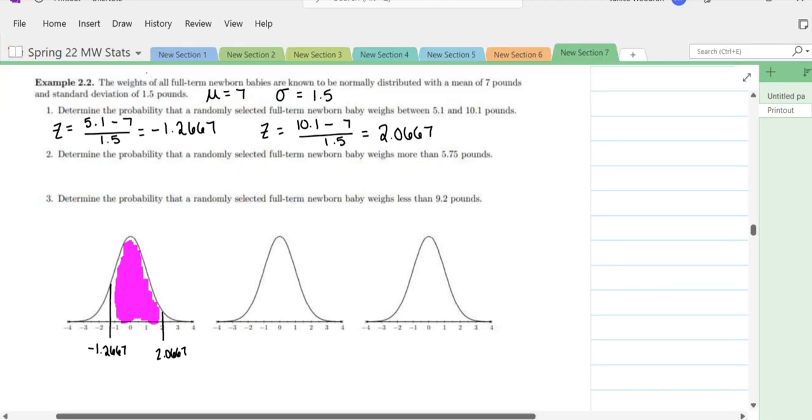But we want to find the exact values, so we will either look up both of those in the z-table, or we will go normal CDF. We'll have a lower limit of negative 1.2667 and an upper limit of 2.0667.